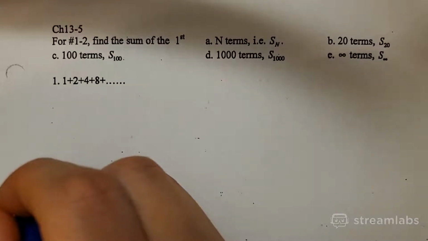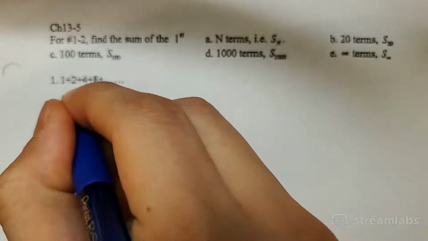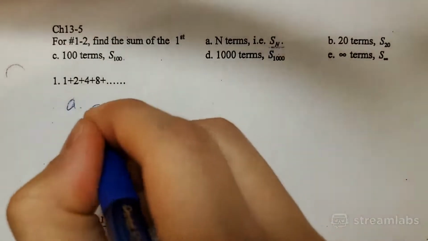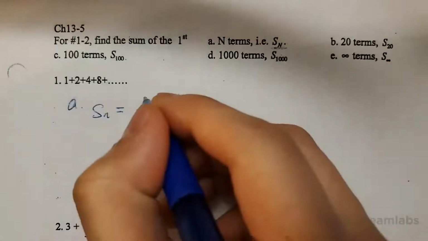All right, so here we go. Part A, they're asking you to find Sn. Sn is the sum, right? This is a geometric series. So remember the sum formula was what?